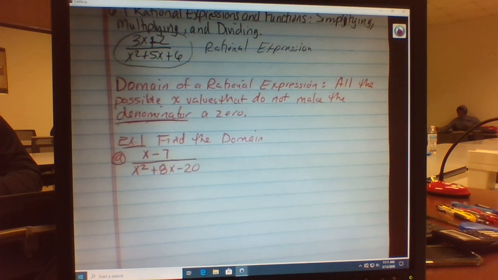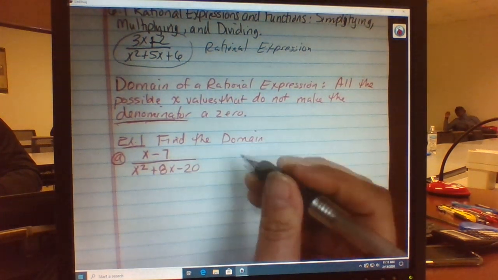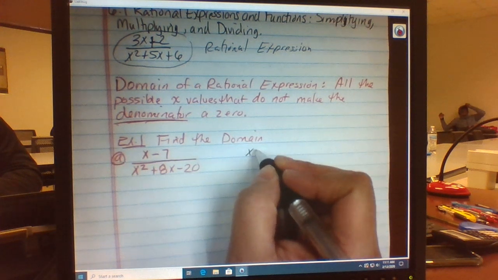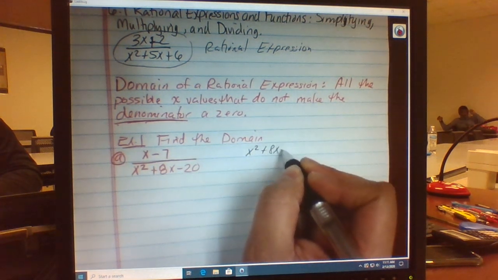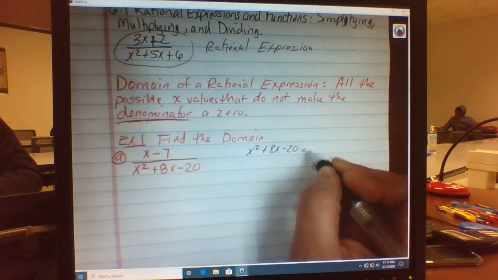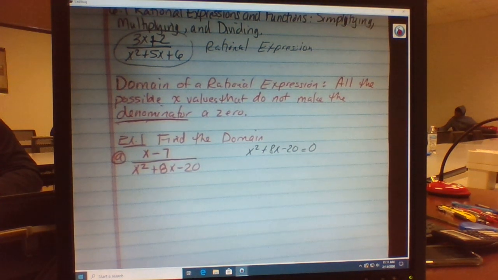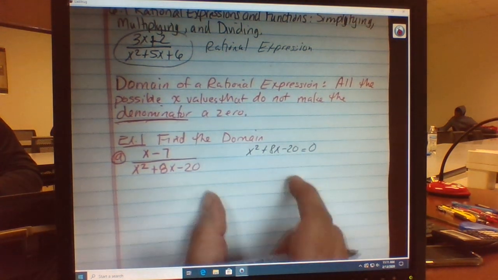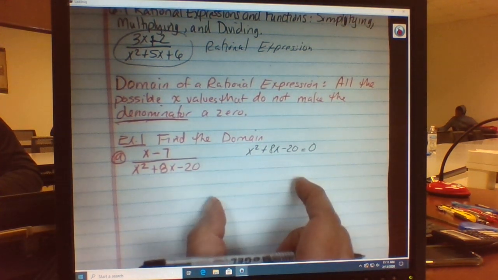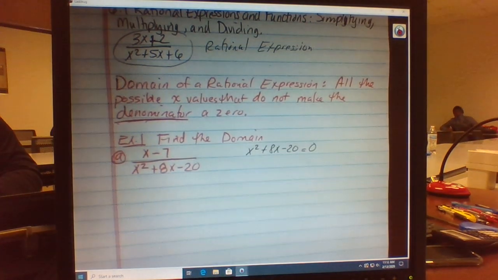That's it. So even though they give you a rational expression, what is the only thing you have to focus on when they're asking for the domain? The bottom, right? So it's x squared plus 8x minus 20, and we're going to set it equal to 0. So we're going to do factoring. We're going to have to solve for 0, and that's going to give us the answer.